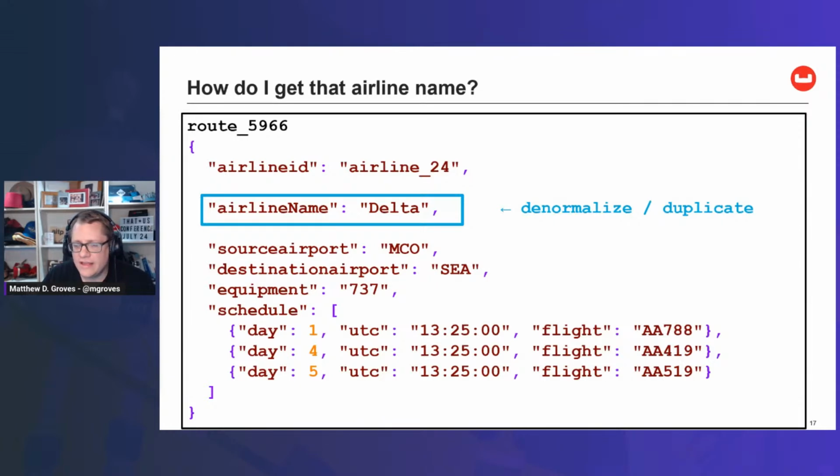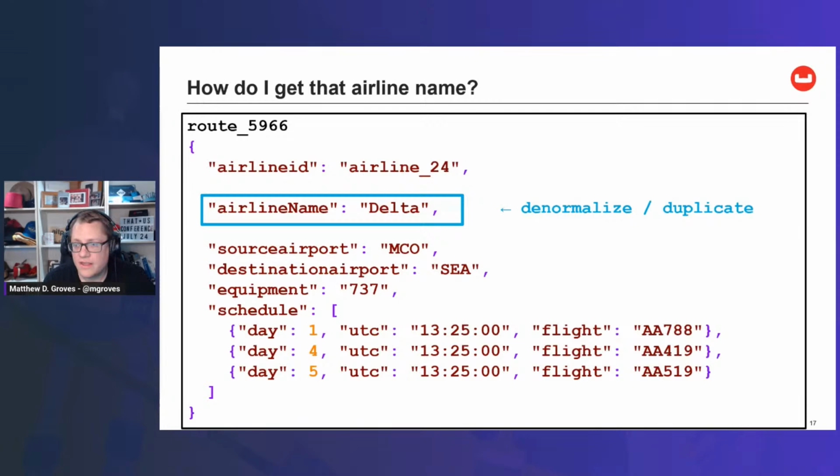Now, if however we want to join to something that changes a lot more often than airline name, say a person's address, or a person's preferences, or whatever changes a lot more often or changes unpredictably, then it may not make sense to denormalize or duplicate that data because we're going to cause ourselves some headaches.